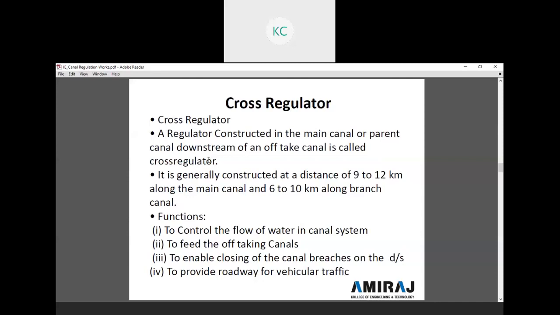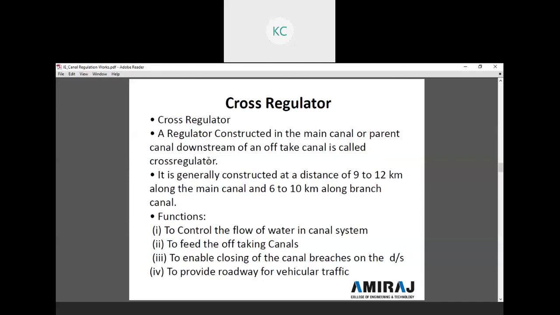To control the flow of water in the canal system, to feed the off-taking canal, to enable the closing of the canal breaches on the downstream side, or to provide a roadway for vehicular traffic. So there are different kinds of functions of the cross regulator: to maintain or control the flow of water in the canal system, which is off-taking from the reservoir as well as from the main canal, and to feed the off-taking canal whenever it is required.